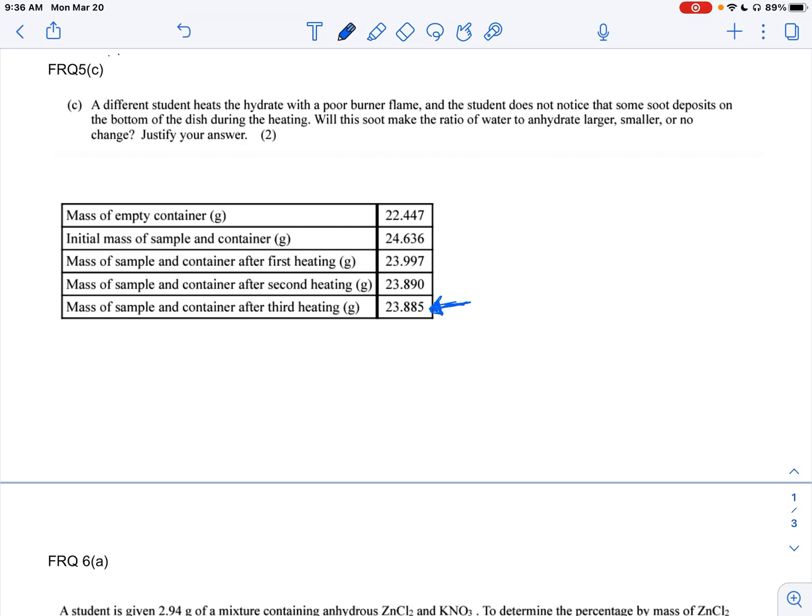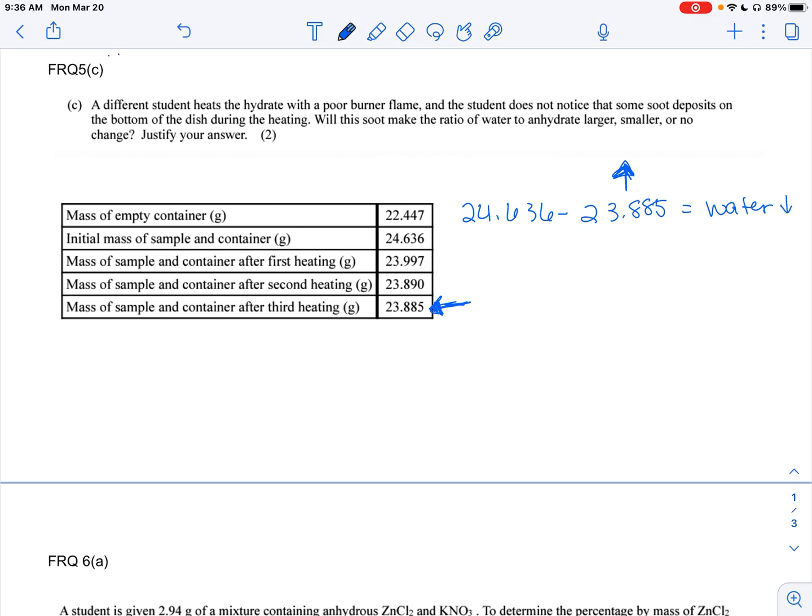So if in B1, and then that gave you, I'm just going to say water. It's easier. Okay, so take a look. If this number was bigger, what would happen to the water? The amount of water would be too low, right?